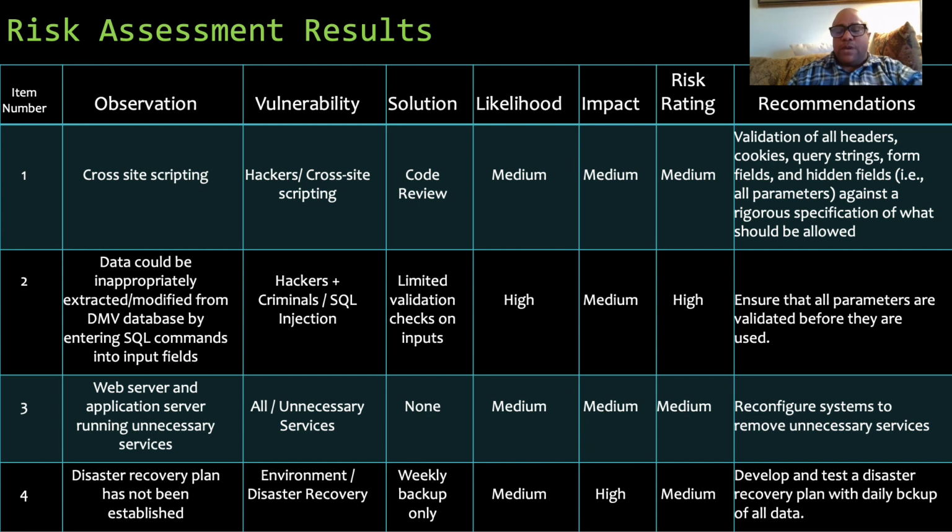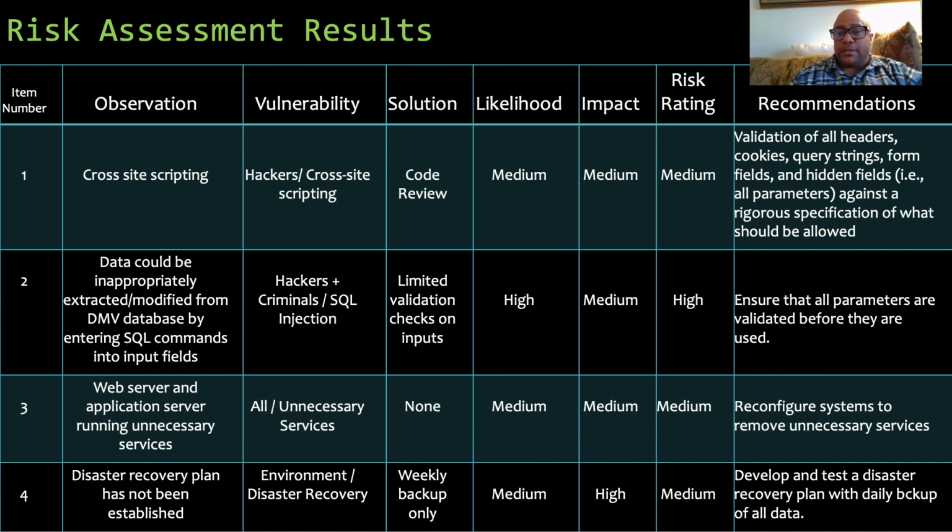And we looked at our calculations from our table that you probably recall from previous slides. The likelihood of this happening is medium, the impact is medium, and so we put the risk rating at medium. And so what we're recommending is, during those code reviews, making sure that there's validation of all headers, cookies, query strings, form fields, and any kind of hidden fields, like all parameters.